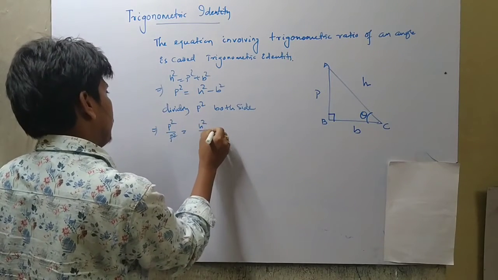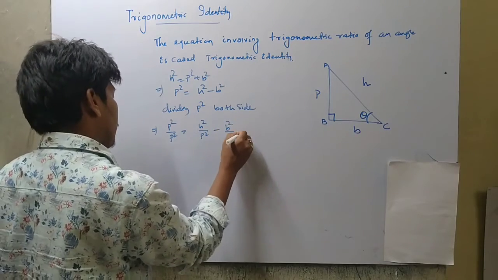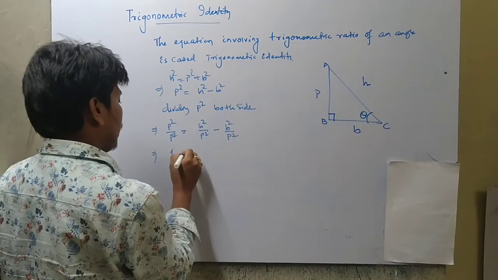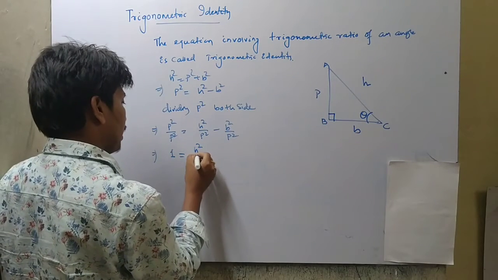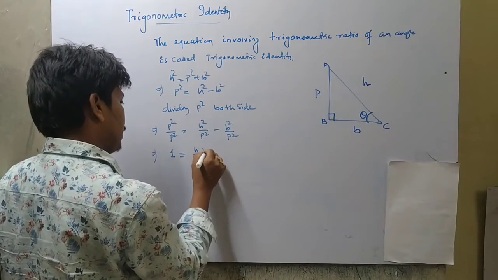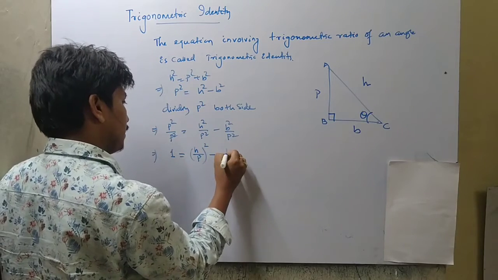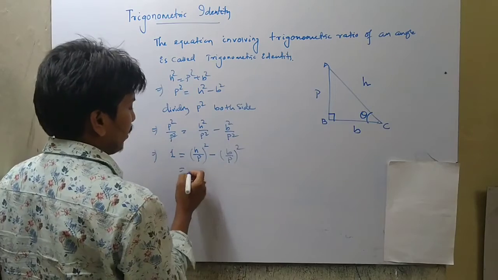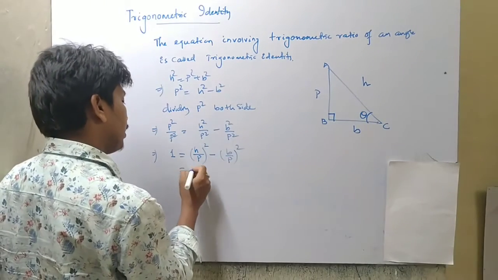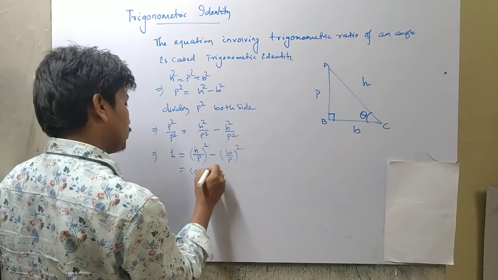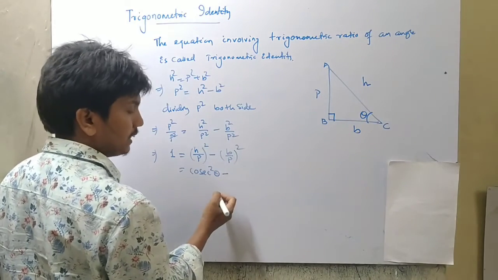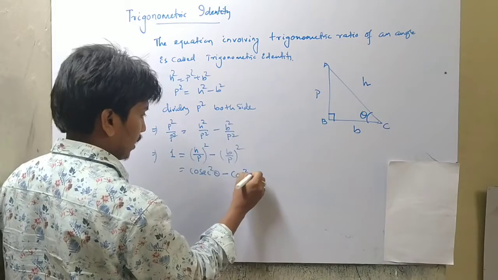H by P is cosec theta, and B by P is cot theta.